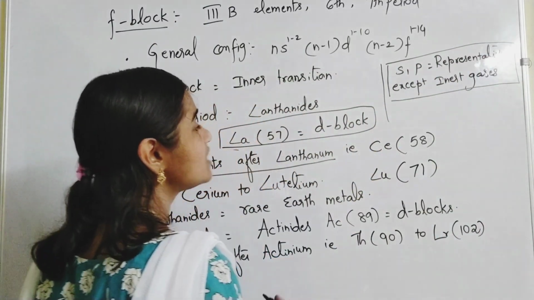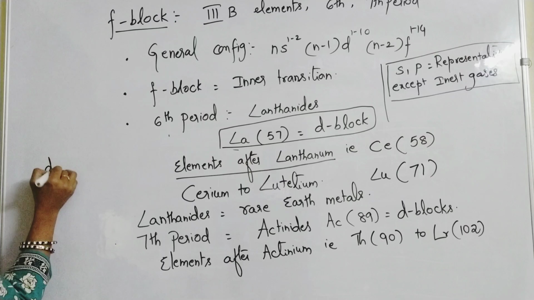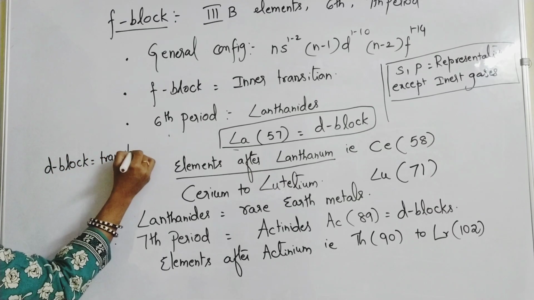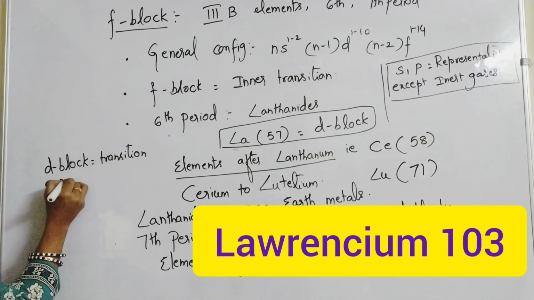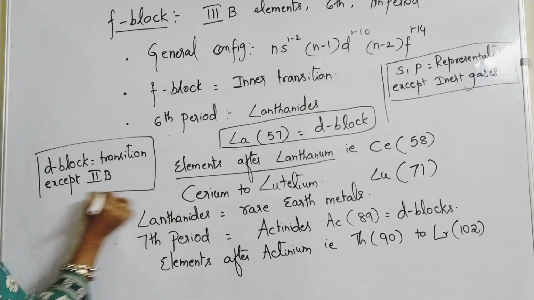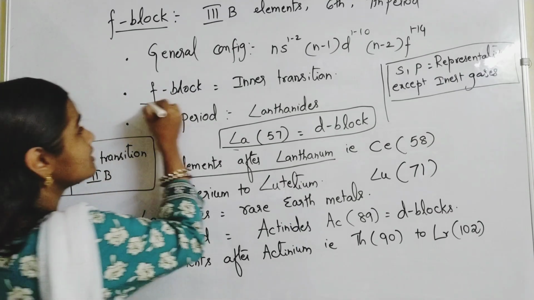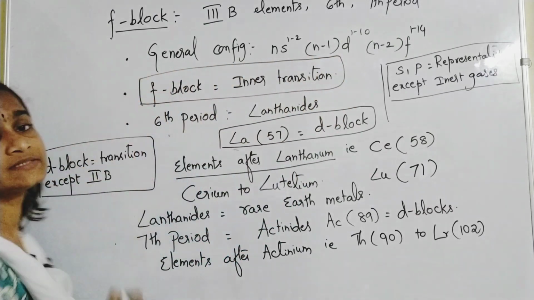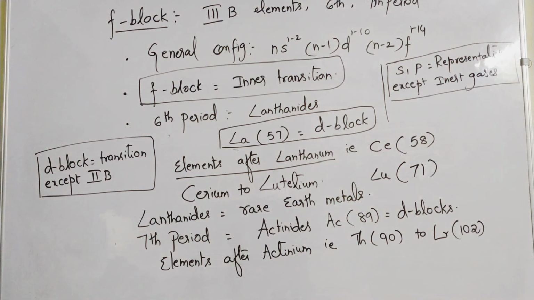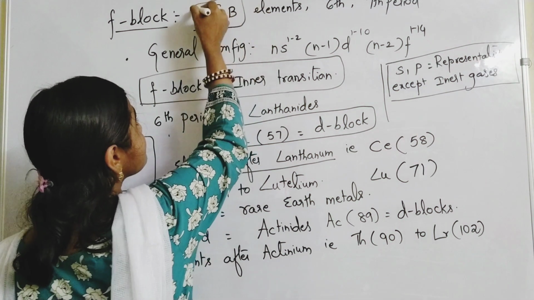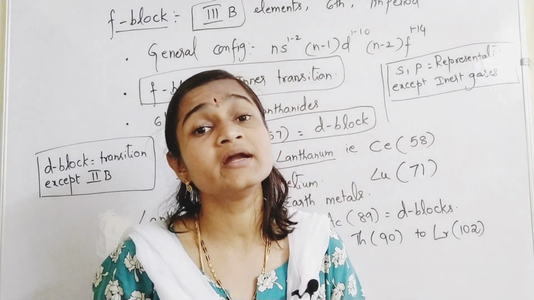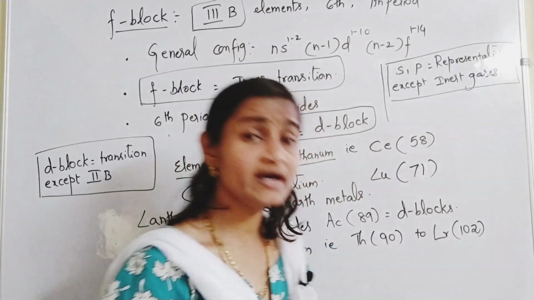D block elements are called transition elements, except 2B group. And F block elements are called inner transition elements, and they belong to which group? If they ask, you will write inner transition elements belong to 3rd B group.